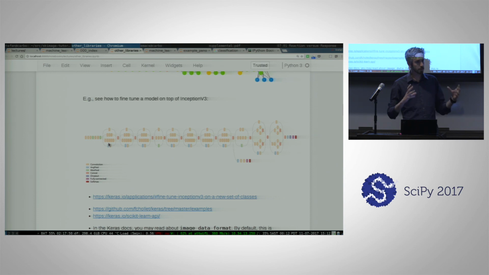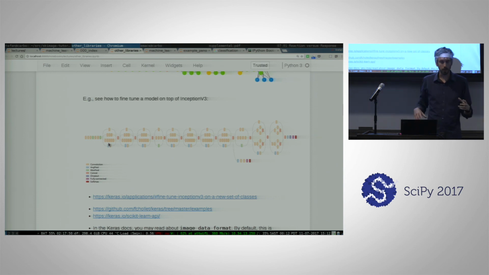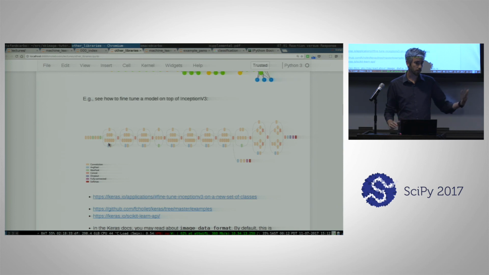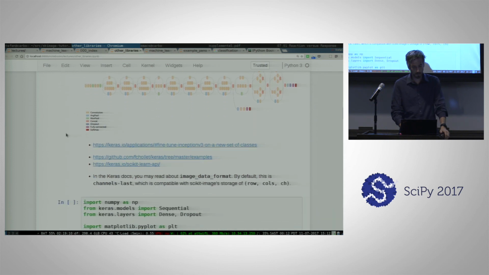What you would do is take the network, slice off the last layers, build your own layers on top of that and just retrain the last bit, freezing into place the features that have been learned by Inception already. There is an example of how to do that in the Keras repository. I give you a link to it right there.